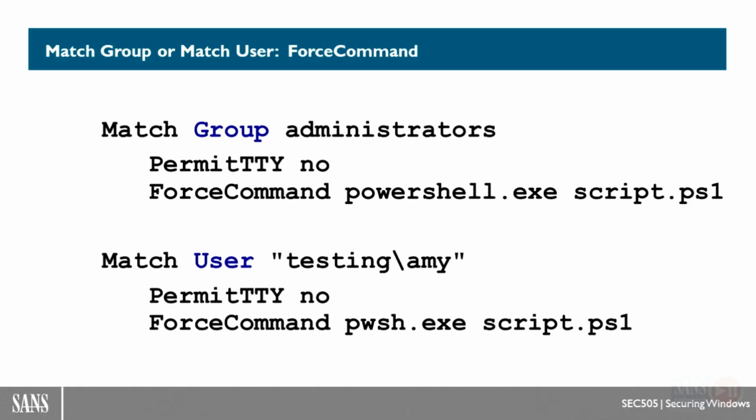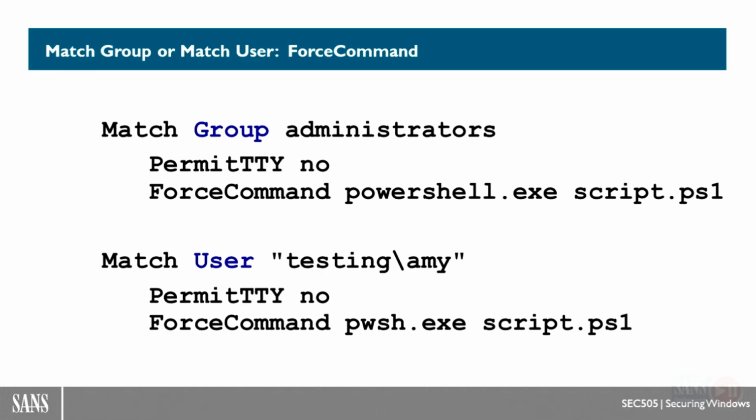Because in this case, that user Amy might not be for a regular user. That could be a designated account for just that purpose. And the Amy account could be added to the administrators group on the machine, which means that the PowerShell script runs as administrator, but you don't get an interactive command shell. You get the force command, and then that is it.